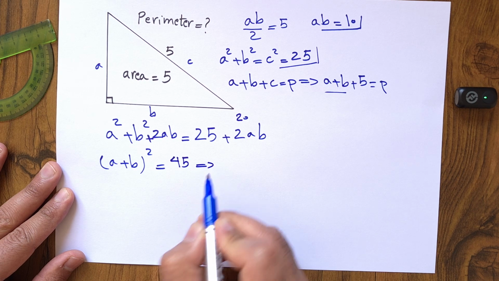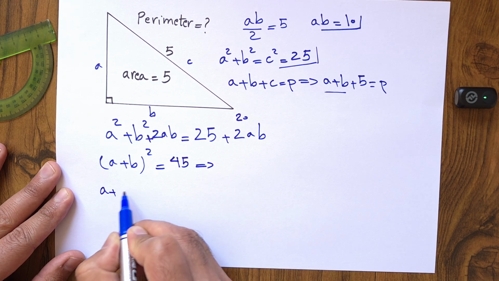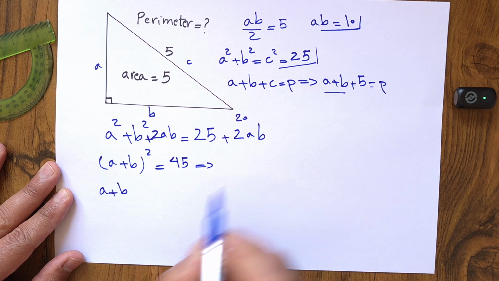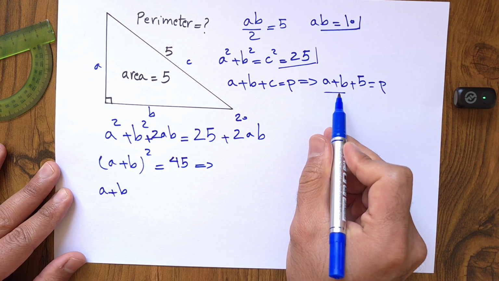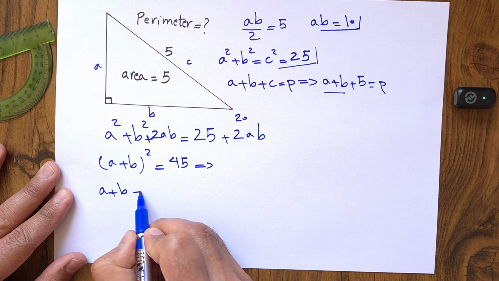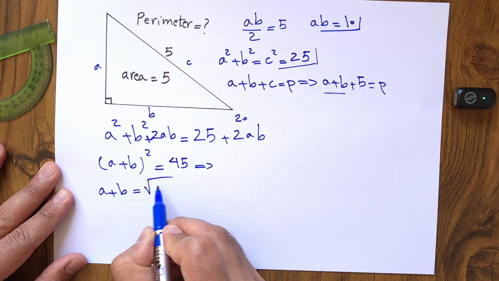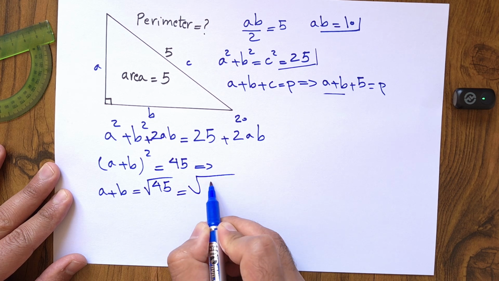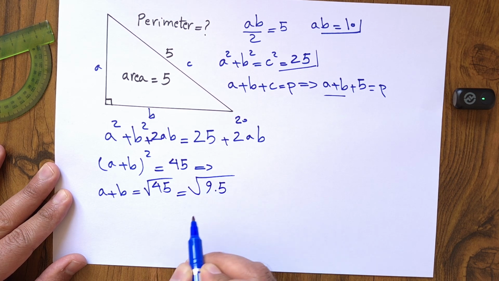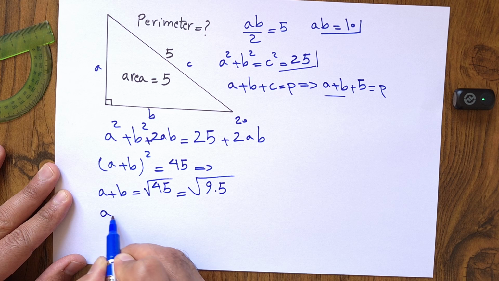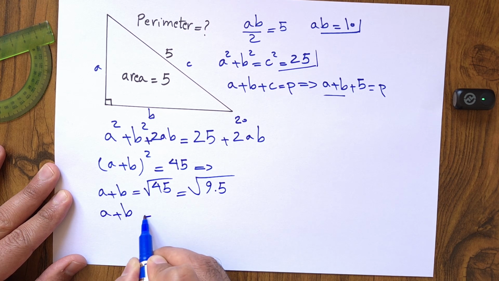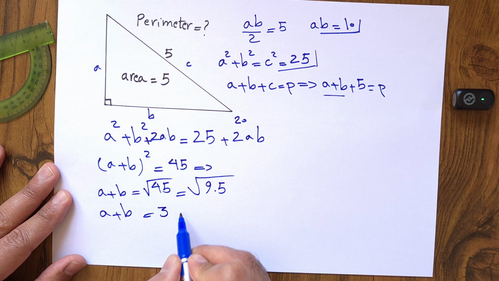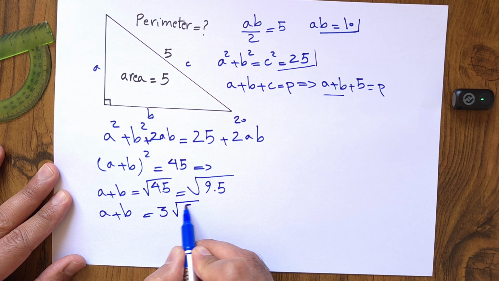In other words, A plus B equals, okay, we found it, right? This is the value of A plus B that we need to insert in this equation here. A plus B equals root 45, which is root 9 times 5. Taking 9 out of this radical, A plus B equals 3 root 5.